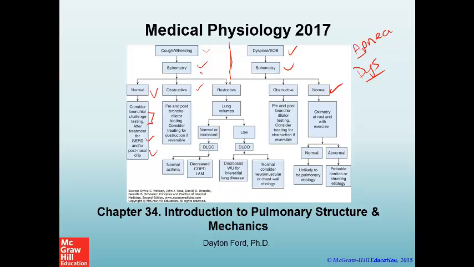Then you can do bronchodilator testing, so you'll give them a bronchodilator like albuterol, which is an agonist for beta-2 receptors. Beta-2 receptors in the coronary arteries and the skeletal muscle arteries and the bronchioles of the lungs cause dilation. So stimulating those beta receptors causes dilation. So is that going to relieve the symptoms or not?